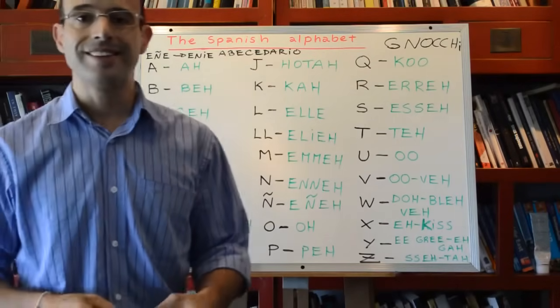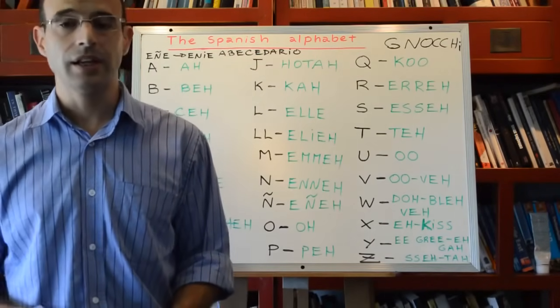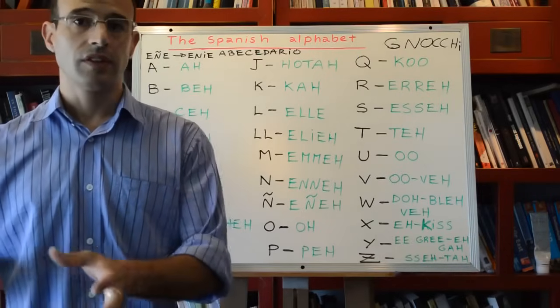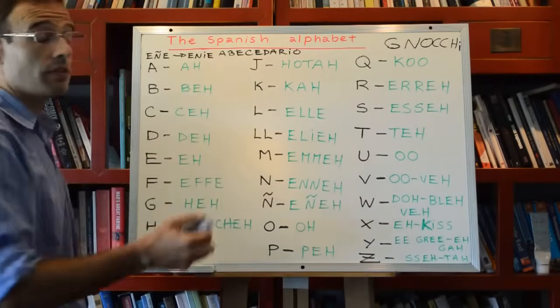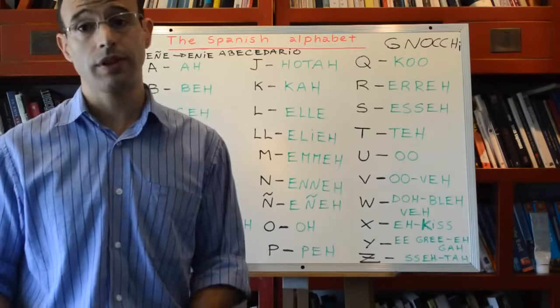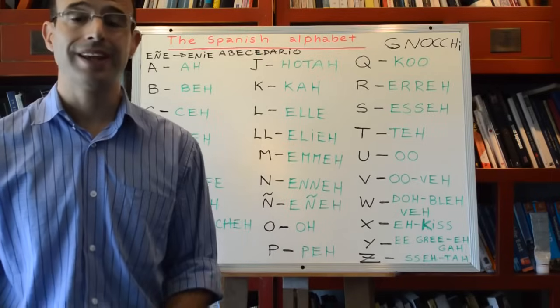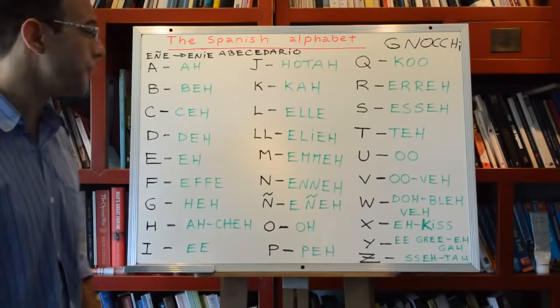This is not exactly the right thing, but it's the most similar to the right thing. Once you manage to pronounce enie, you can try to pronounce ñ.